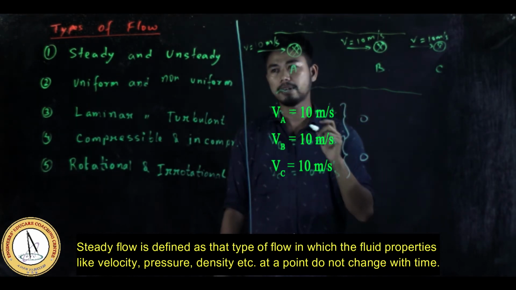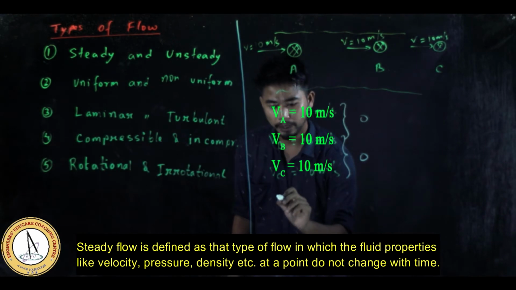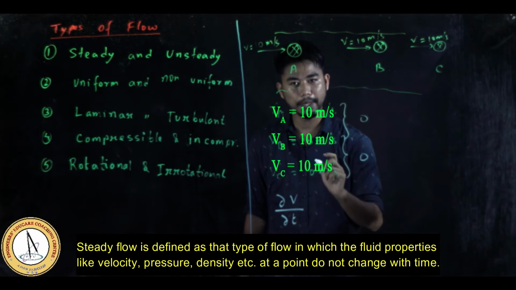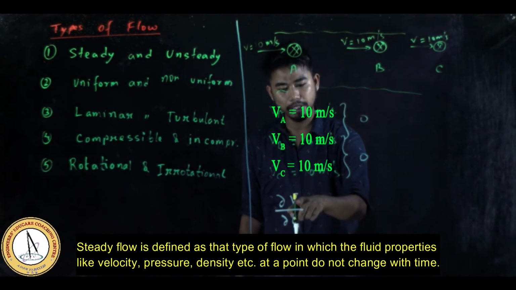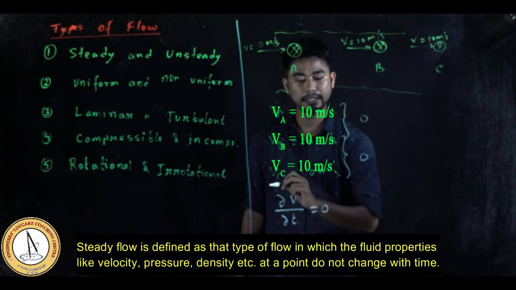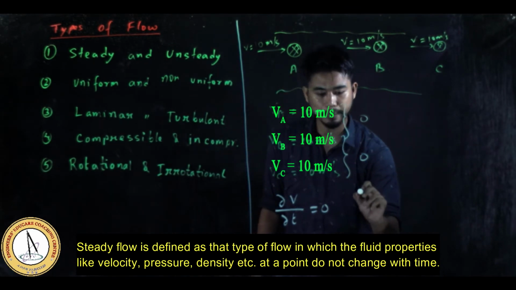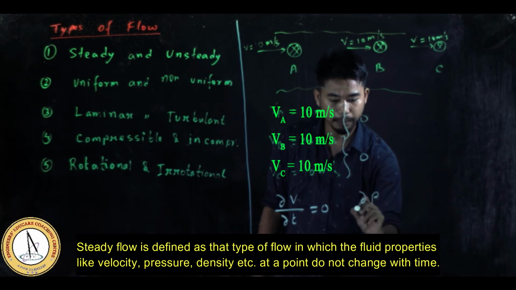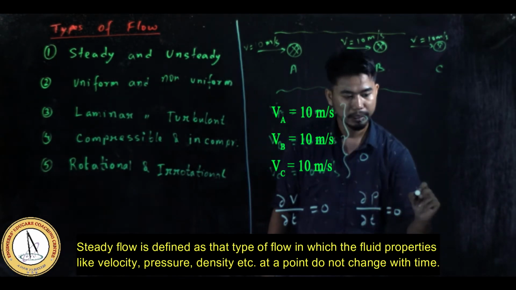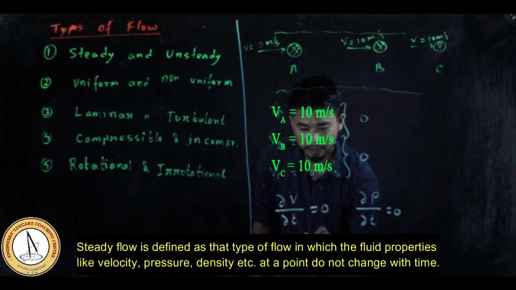So mathematically, if I write this equation, let's say delta V upon delta T, what is it representing? The change in the velocity with respect to the time. How much it is changing? There is no change, it is 0. Similarly, if I am writing about the pressure, change in the pressure with respect to the time, how much? It is still 0. Change in the density with respect to time, how much?